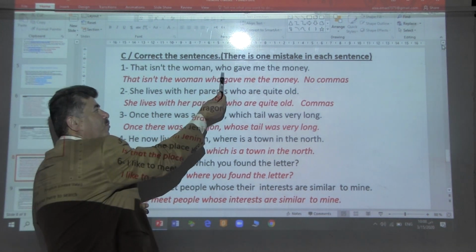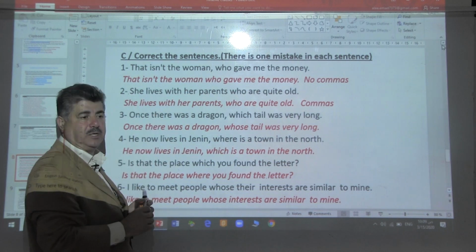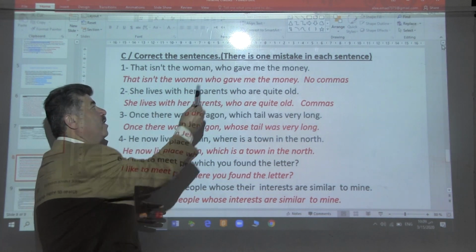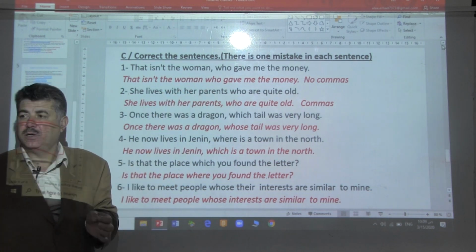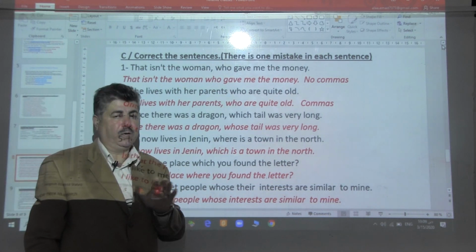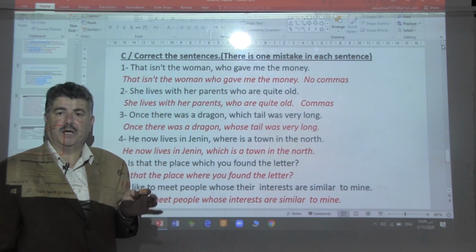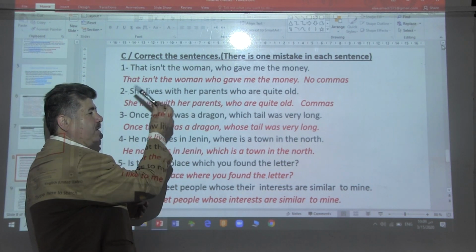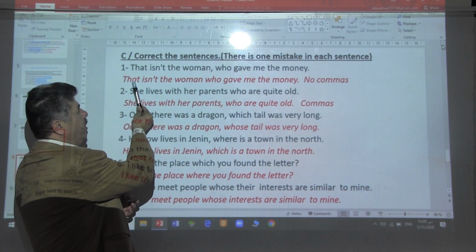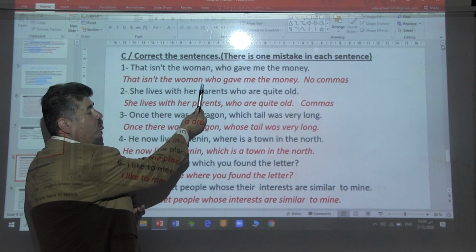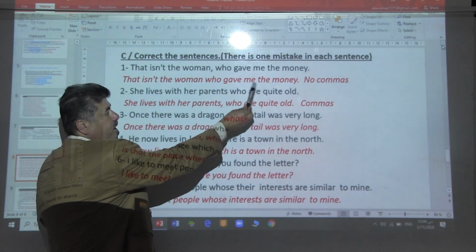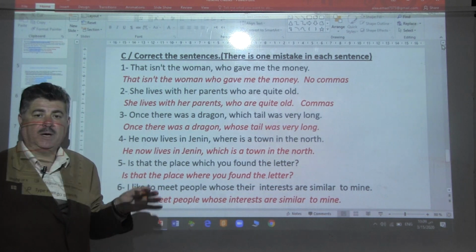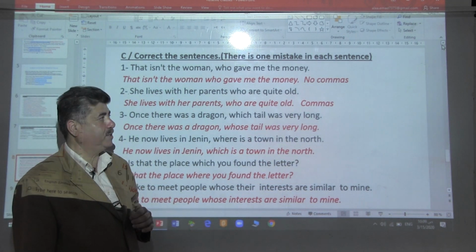So this information is necessary after the noun, to define the noun. That's why the mistake here is that I have to delete the comma. No commas are used in defining relative clauses. So the correct sentence should be like this: that is not the woman, without commas, who gave me the money. We just delete the comma. This is how we correct this mistake.